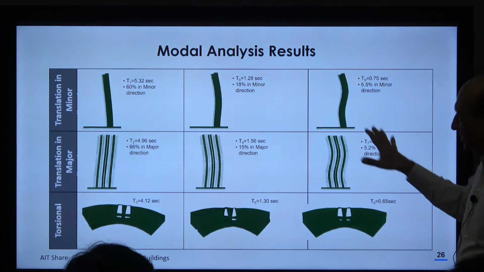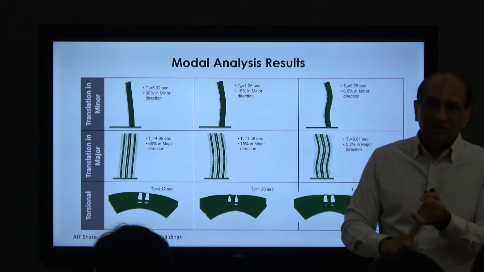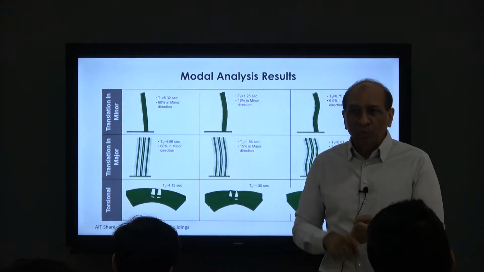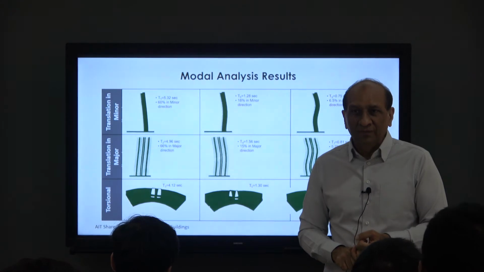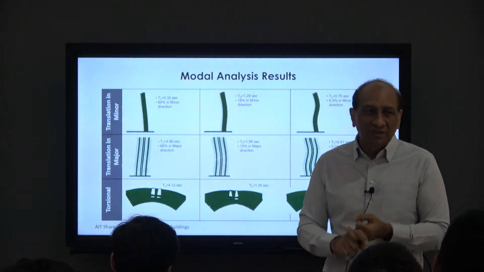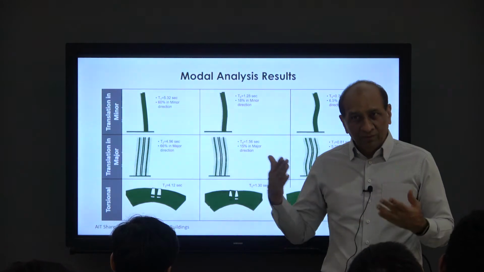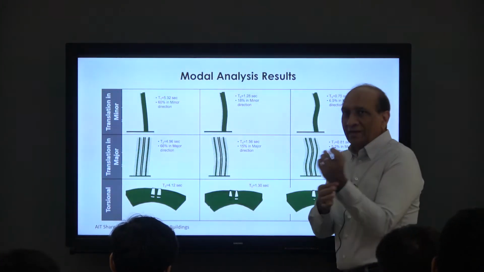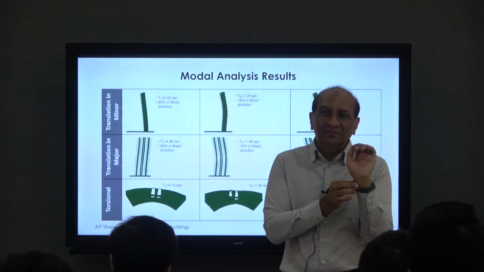So this one picture gives you tons of information. It tells you whether the structure is symmetrical or non-symmetrical, which mode is weak, which mode is strong, what is the order of the modes, what is the modal participation ratio, and so on and so forth, right? So when I look at this picture, it's like looking at the pulse and understanding the whole structure right away.